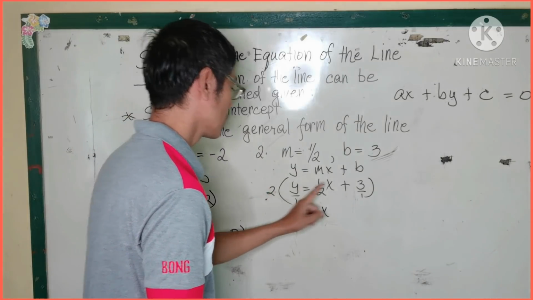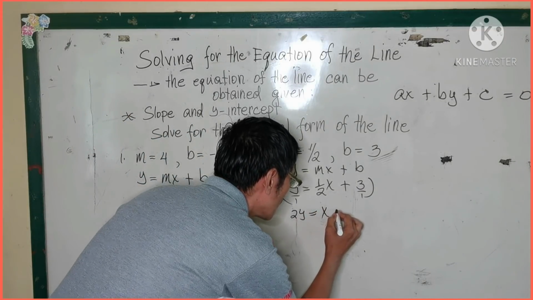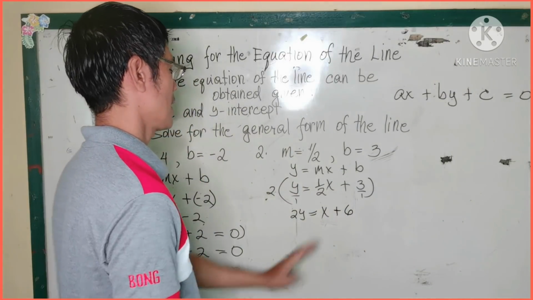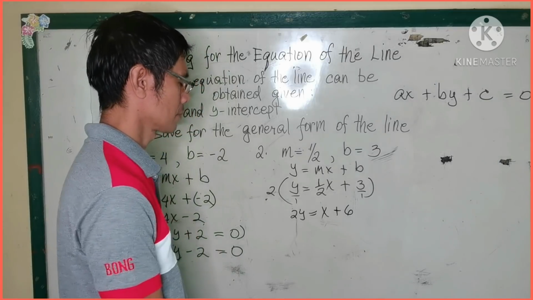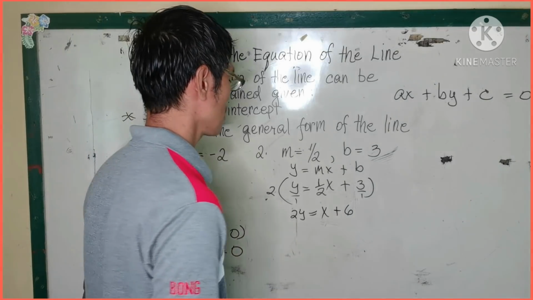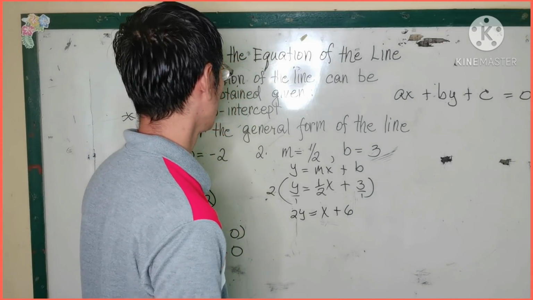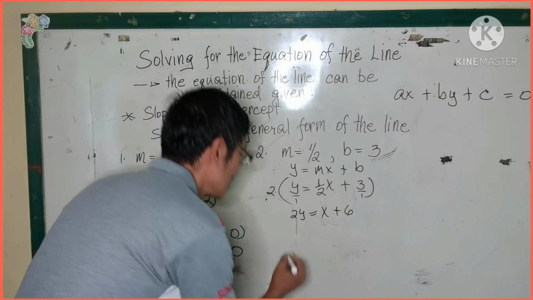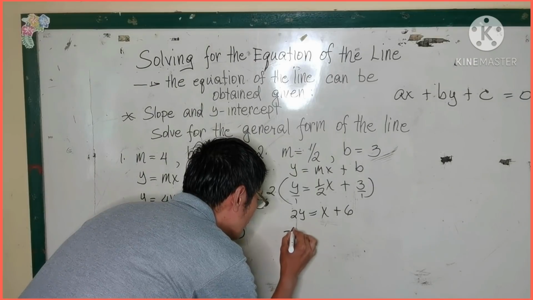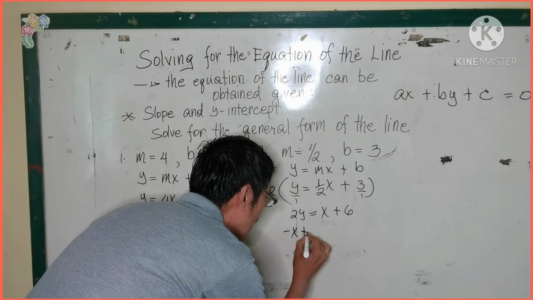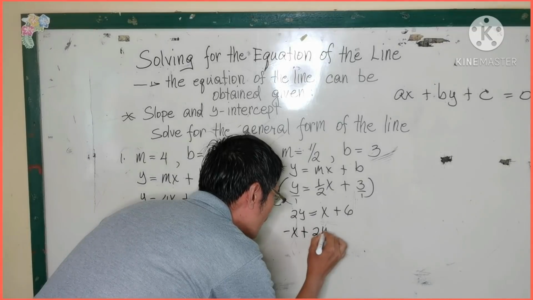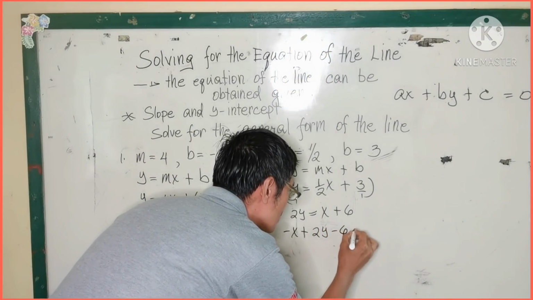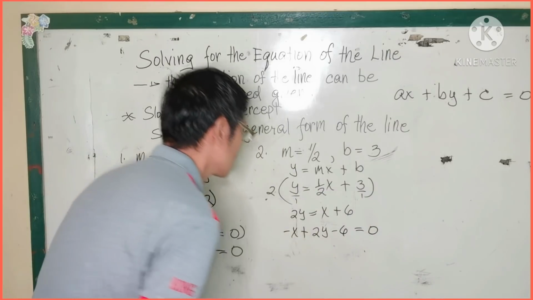Then we have 2 times positive 3, we get positive 6. Then again, transposing all the terms to the left side, or writing our answer in general form, that is negative x plus 2y, then minus 6 equals 0.